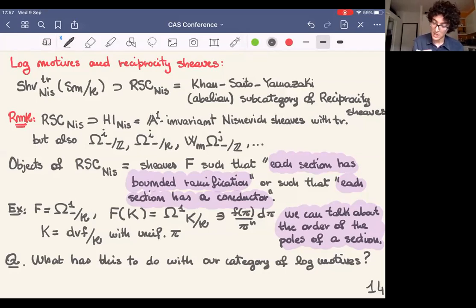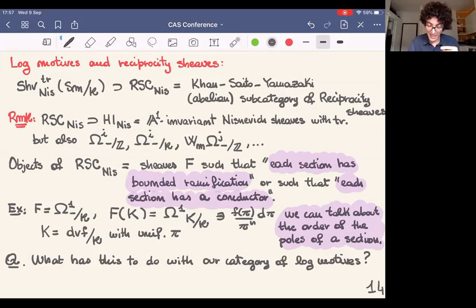Objects of this category of reciprocity sheaves are, in a way, sheaves F such that each section has a bounded ramification, or maybe one should say each section has a conductor of some level. To understand what I mean, let's consider the example of F equal to omega 1, the differentials, and K some discrete valuation field over k with uniformizer pi.